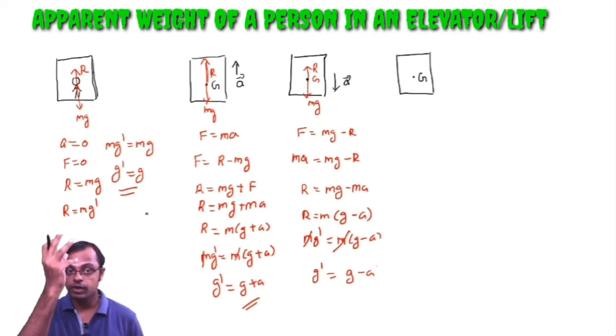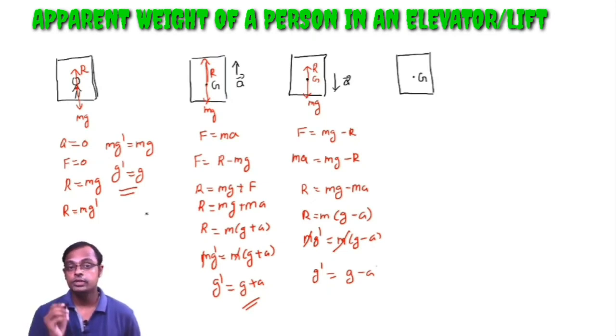The lift will now come downward with an acceleration due to gravity. So in this case, what is the apparent weight? The body is coming downward with an acceleration due to gravity. You see this one, acceleration due to gravity. And of course, there is a force acting that is equal to mg.